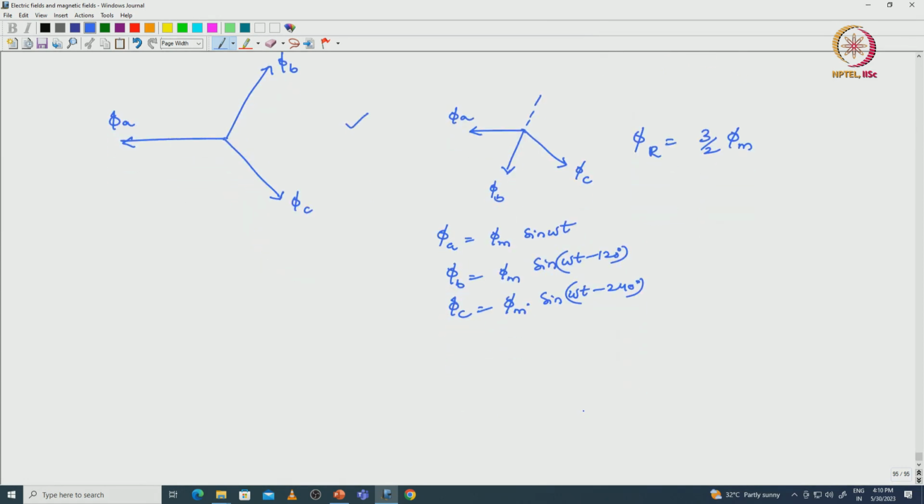And similarly you can analyze the other instants, and finally you will see the rotating magnetic field on an xy plane, the rotating magnetic field vector at 0 degrees. We are seeing the vector here, at 30 degrees we are seeing the vector in this manner, this is the resultant vector, right, phi R.